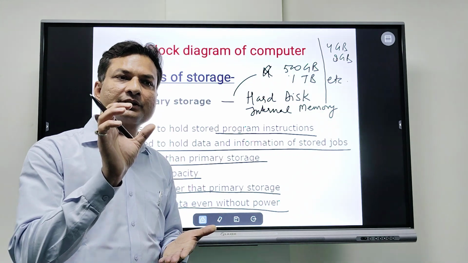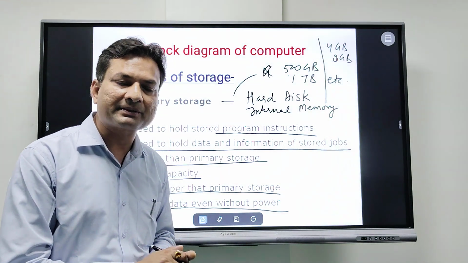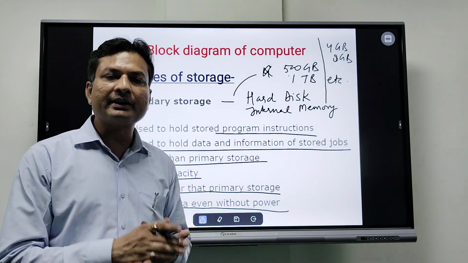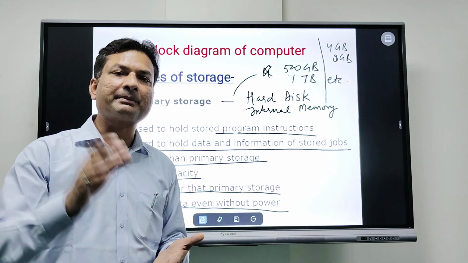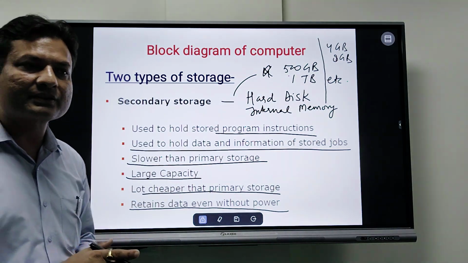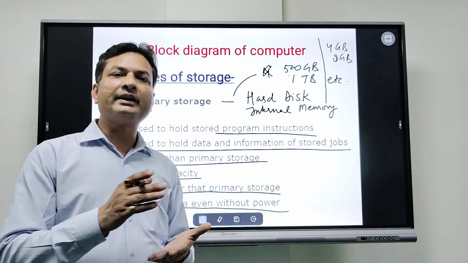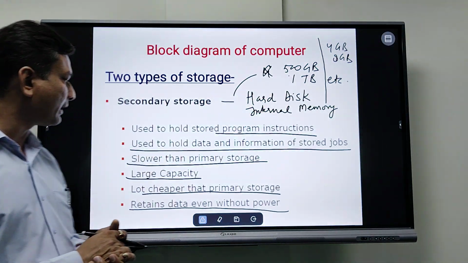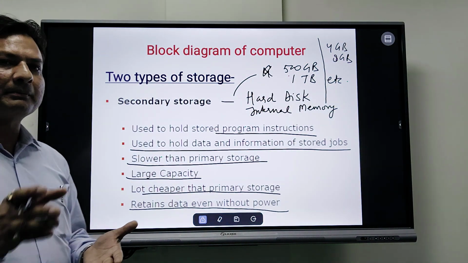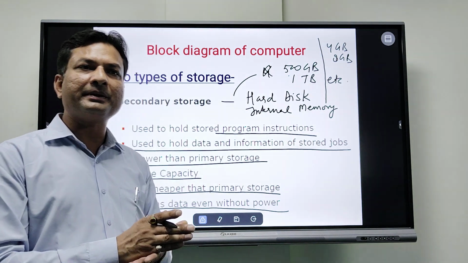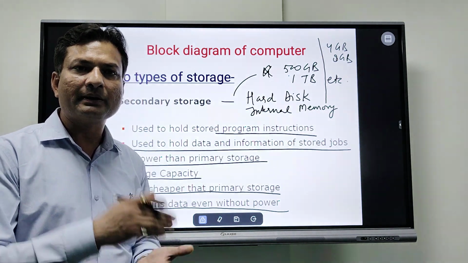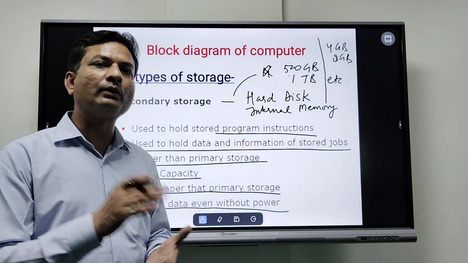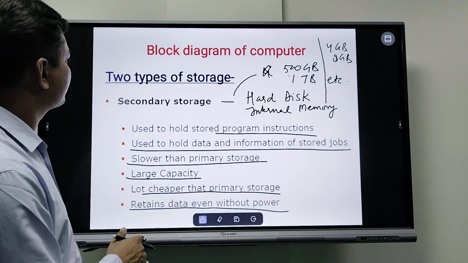Primary storage is small in terms of storage capacity, but secondary storage is available in large capacity. Third, primary storage is volatile in nature, but secondary storage is non-volatile in nature. And the last one is primary storage is faster in execution speed, and secondary storage is slower in execution speed.